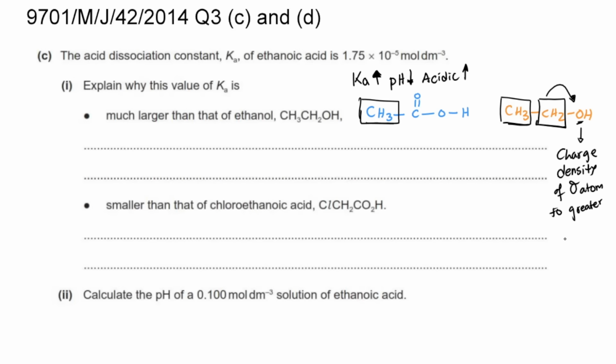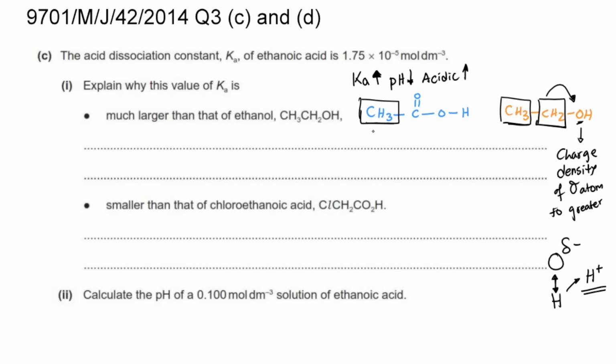So since it's more negative, the hydrogen ions will be more attracted to it, and therefore it will not want to easily leave to form H+ ions. And so since fewer hydrogen ions are released by ethanol, it is less acidic.